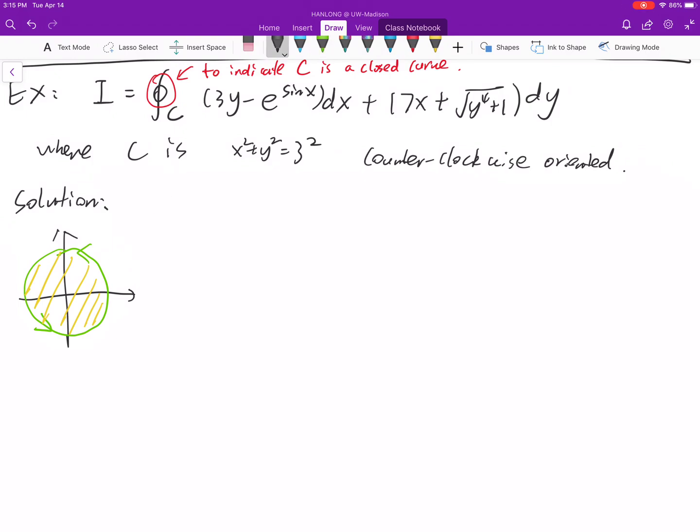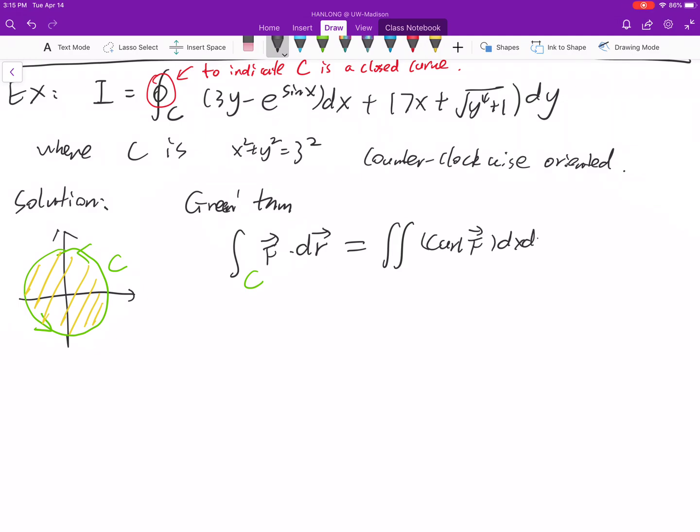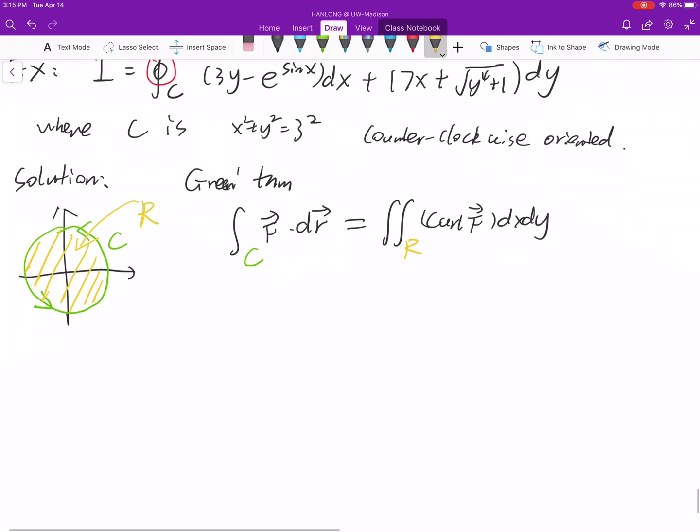Green's theorem: the integral of F dr along C, so this is C, equals the integral of curl F dx dy on R. So this is R. And you need to check the orientation because it's counterclockwise, so this formula is true.